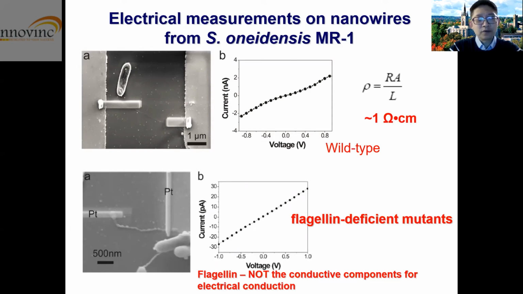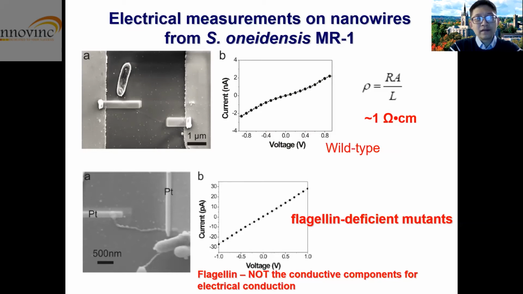Instead, we have to do this through E-beam deposition. Under SEM, we find the bacterial nanowire and then use E-beam deposition to grow two electrodes to bridge the connection. And then we apply voltage to measure the current.